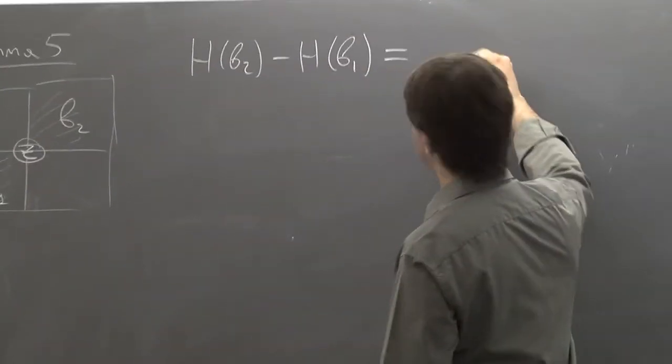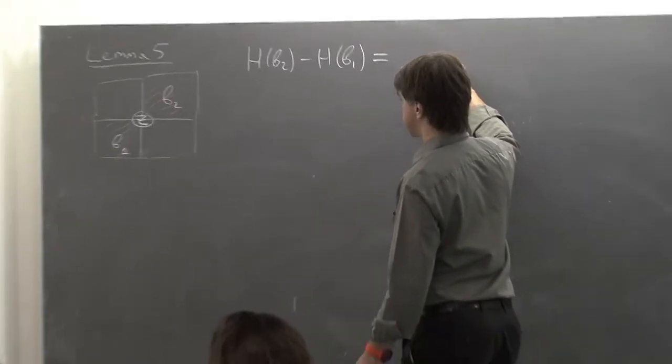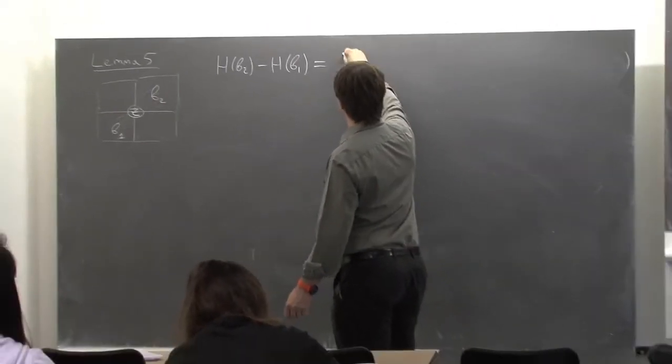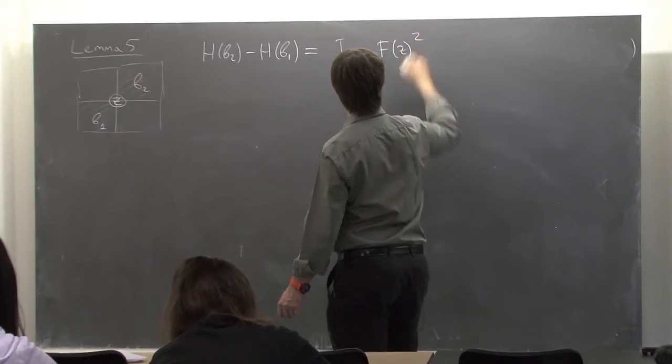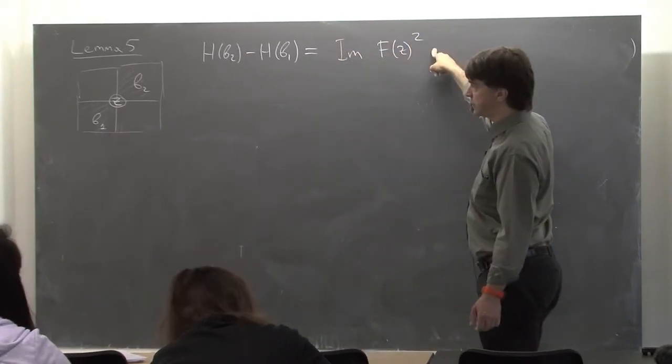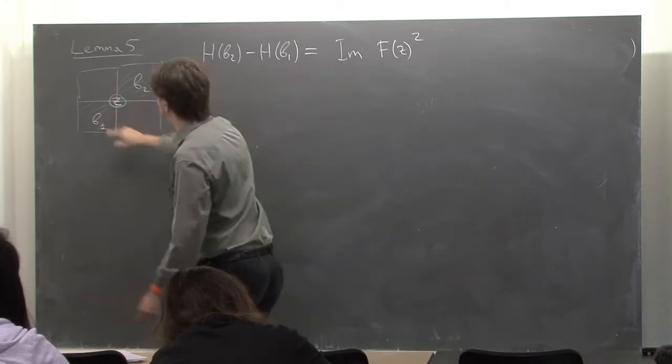So this is indeed the imaginary part of f of z squared, and then I have to put dz, which in this case is b2 minus b1.